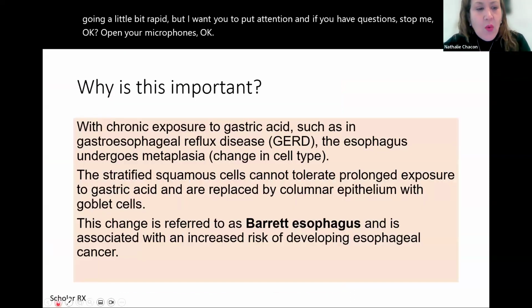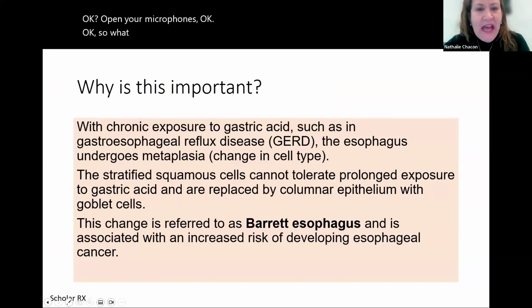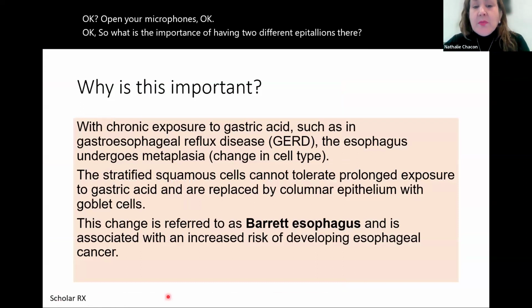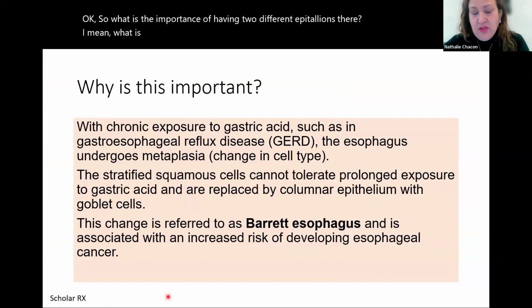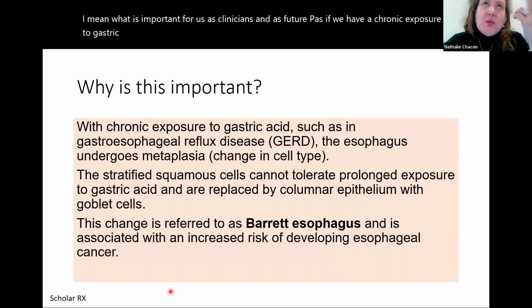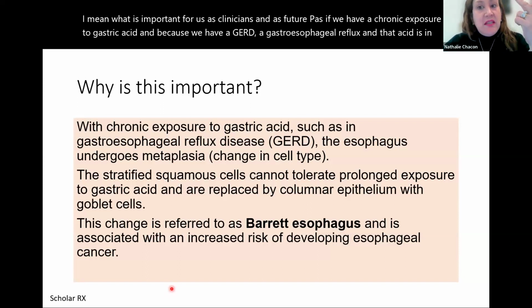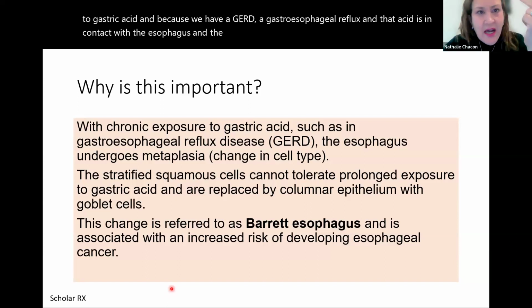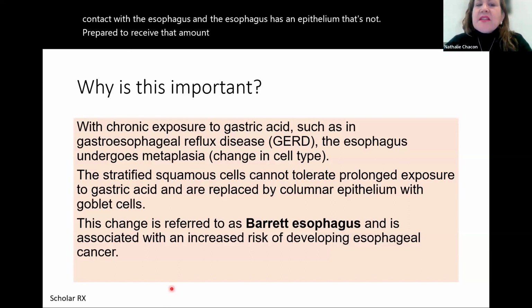What is the importance of having two different epitheliums there? What is important for us as clinicians and as future PAs? Well, if we have chronic exposure to gastric acid because of GERD, a gastroesophageal reflux, and that acid is in contact with the esophagus, and the esophagus has an epithelium that's not prepared to receive that amount of acid, what do you think is going to happen?